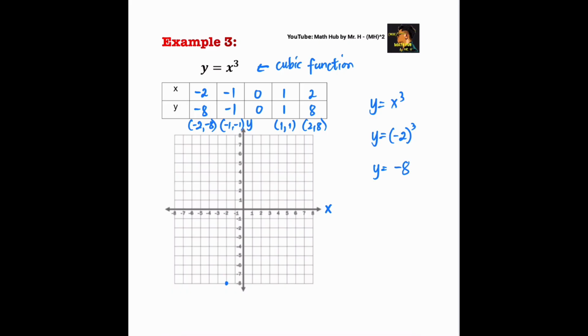Second point, (-1, -1) is here. And then you have the origin (0, 0). You have (1, 1), then (2, 8) here. So that's the graph of y equals x cubed. All right, let's take a look at example number 4.